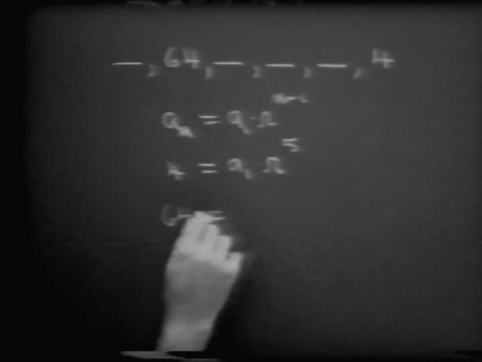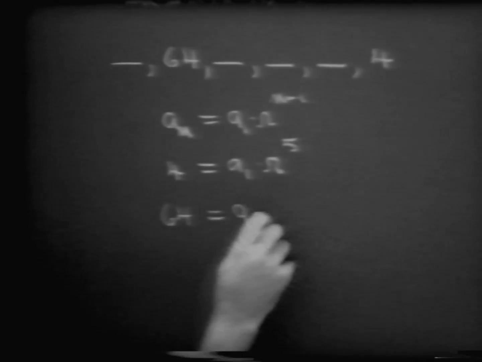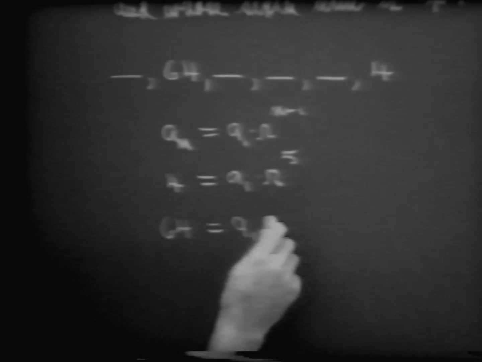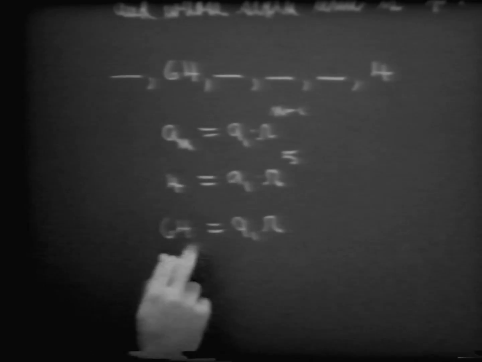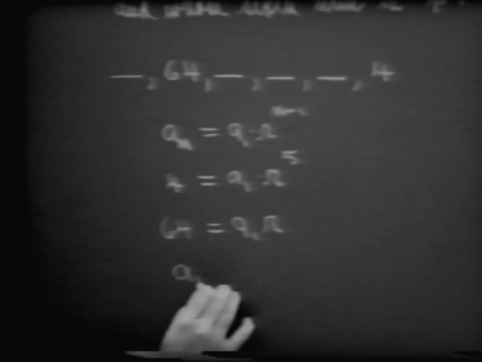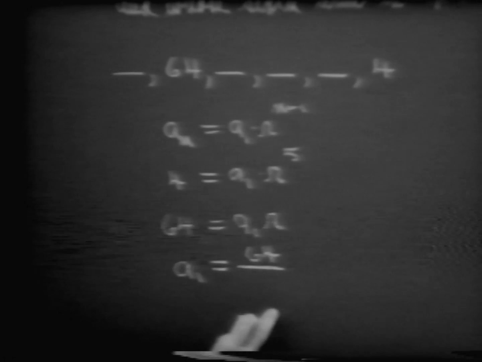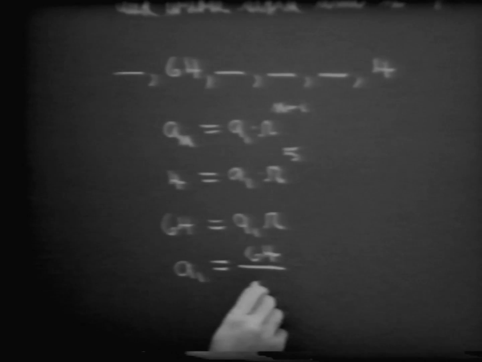Making the same substitution, 64 then is equal to a sub 1, which we do not know, times r raised to what power? It's going to be 2 minus 1, which is simply to the first power. Let's look now here at these two equations, and let's look for a name for, say, a sub 1 right here, in which it will be equal to what? 64 divided by, in this equation, Brenda, 64 divided by r.